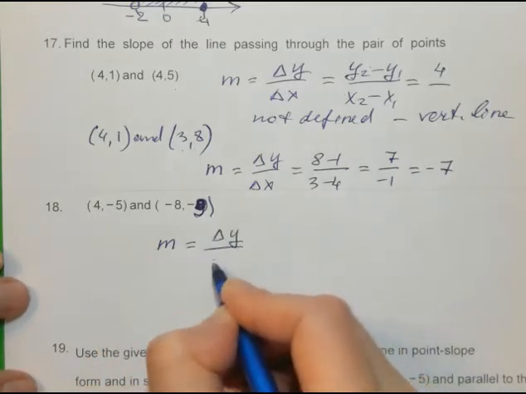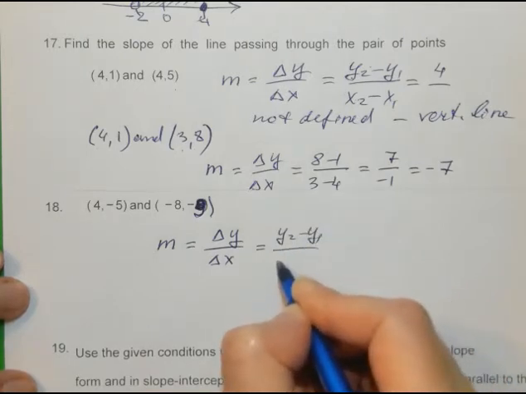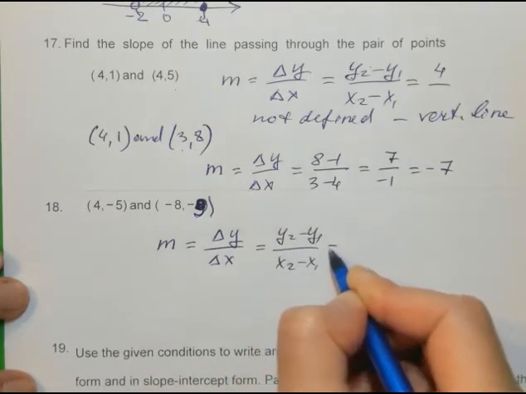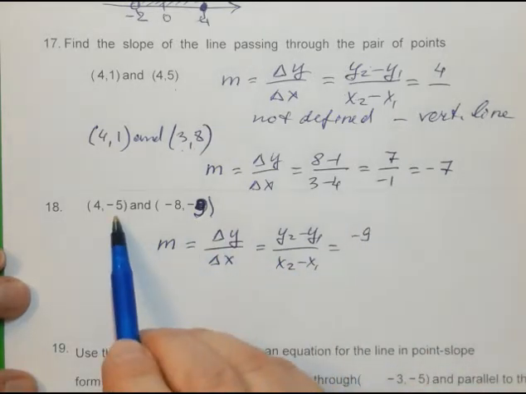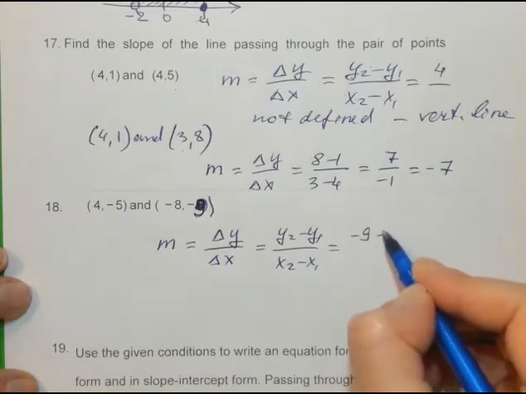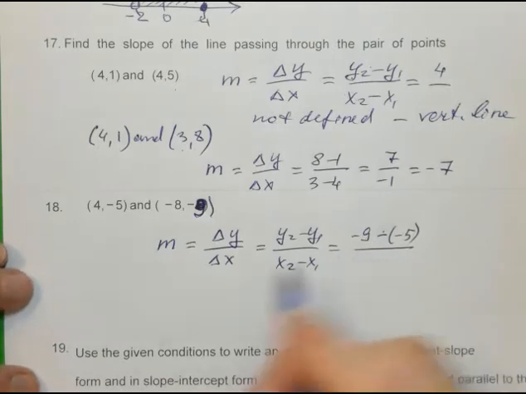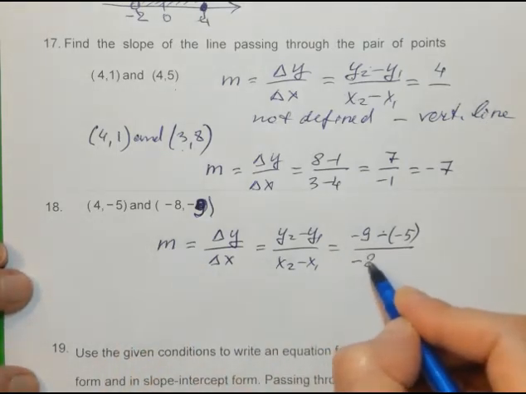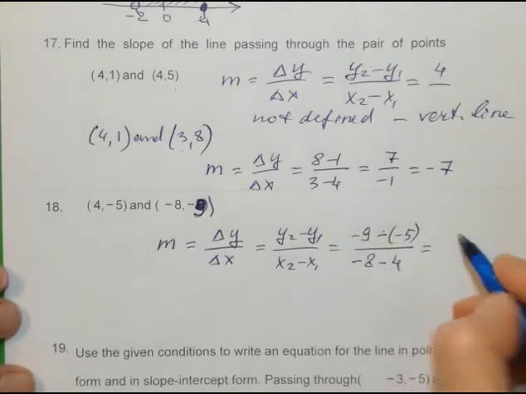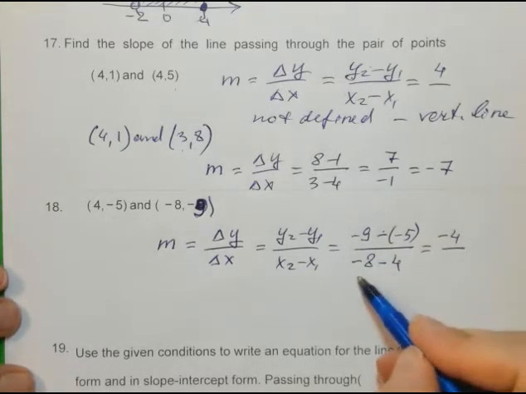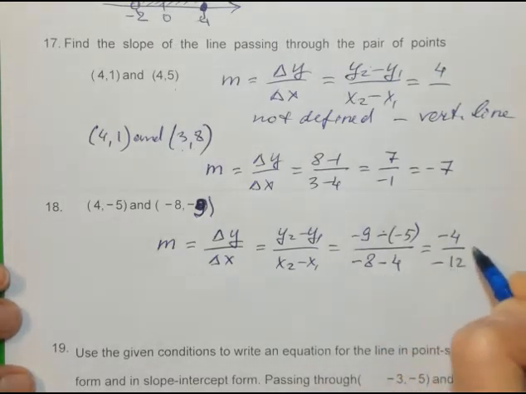Change in y divided by change in x, y2 minus y1 divided by x2 minus x1: negative 9 minus negative 5, so negative 9 plus 5, negative 4, and change in x, negative 8 minus 4, negative 12.